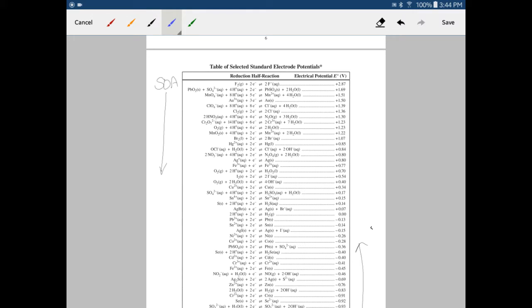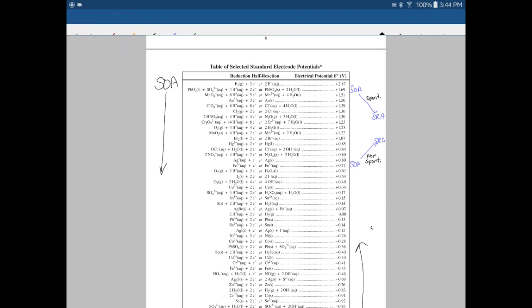I would also jot down my spontaneity rule that SOA to SRA is spontaneous, and then my SOA to my SRA is non-spontaneous. I would just write spont, as a little note, so I remember, always on the side of my page as I continue through this unit.